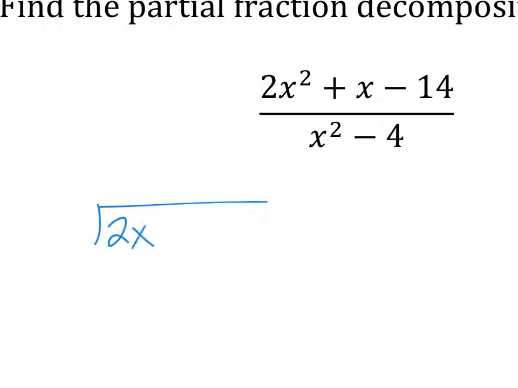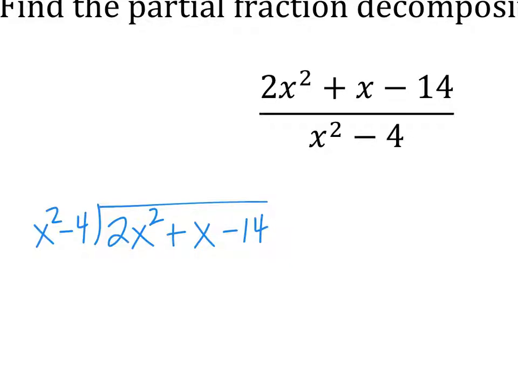Okay, so 2x squared plus x minus 14 divided by x squared minus 4. We have to rewrite this in fraction form because the degree on the top is too big. We cannot do partial fraction decomposition. We need to change it into a fraction form, like a mixed number, and then we're going to do partial fraction decomposition.